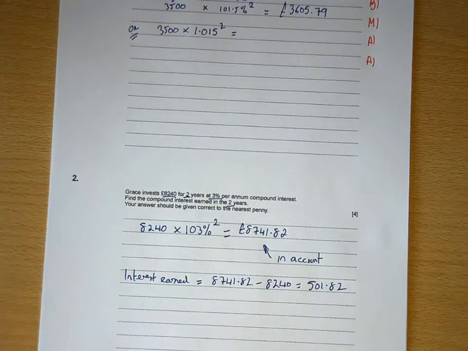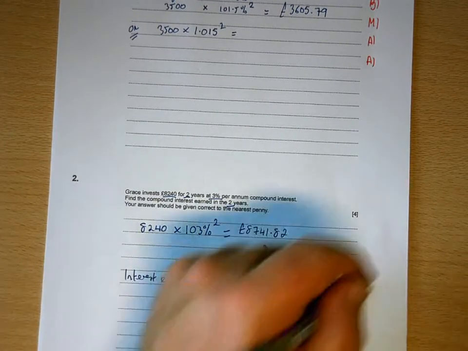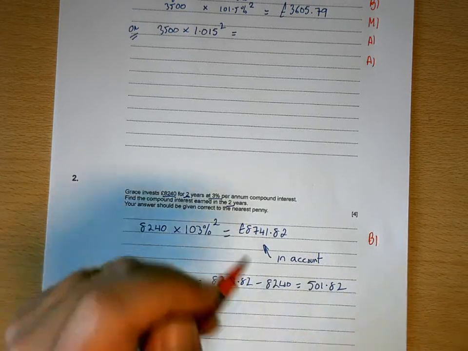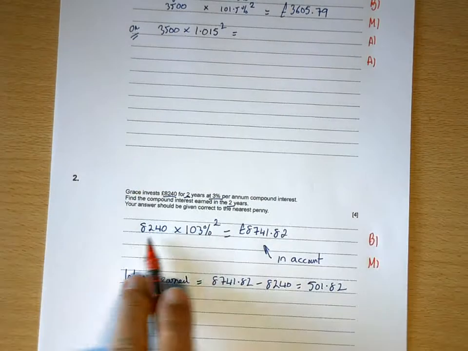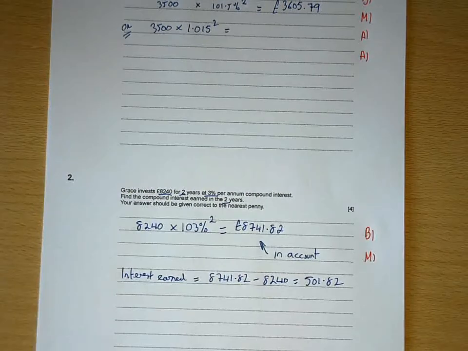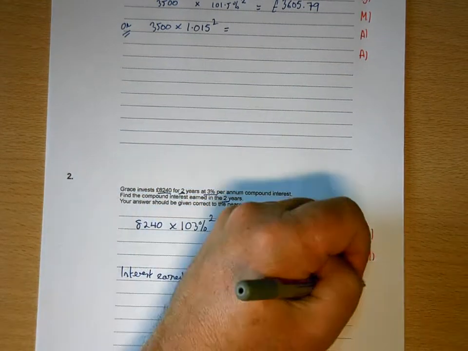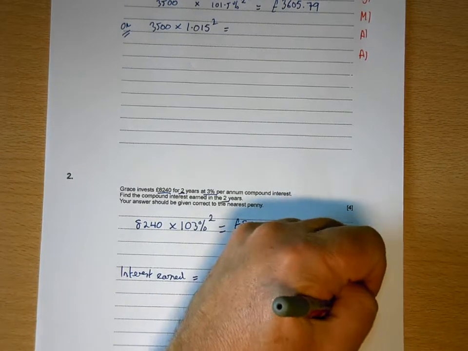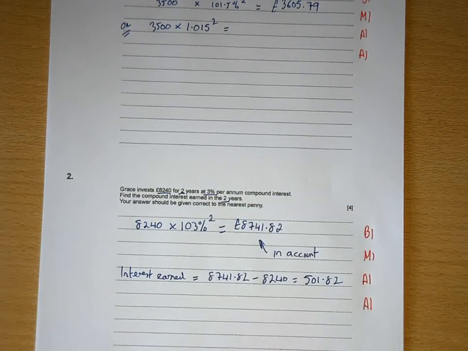So the same with the second one. You'd have 1 mark for the 103%, or 1.03 if you're going to work as a decimal. Method mark then for correctly setting out the maths. 1 mark for an answer which you haven't correctly rounded, and the final mark for that correct rounding.